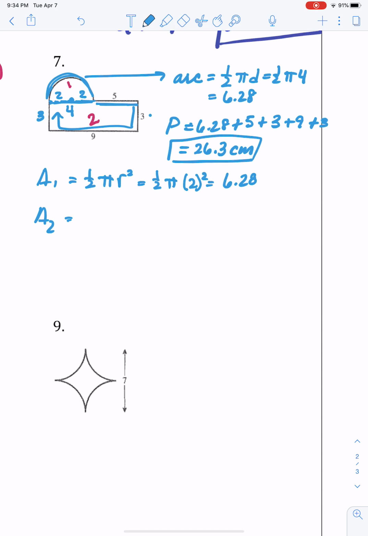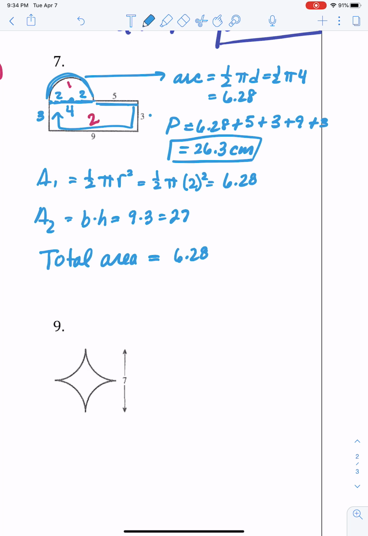The area of my base is base times height, which is 9 times 3, which is 27. So the total area is 6.28 plus 27, which is 33.3 centimeters squared. So we're just doing pieces, okay?